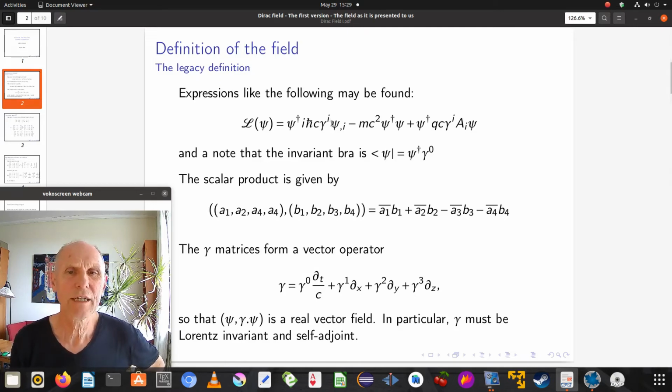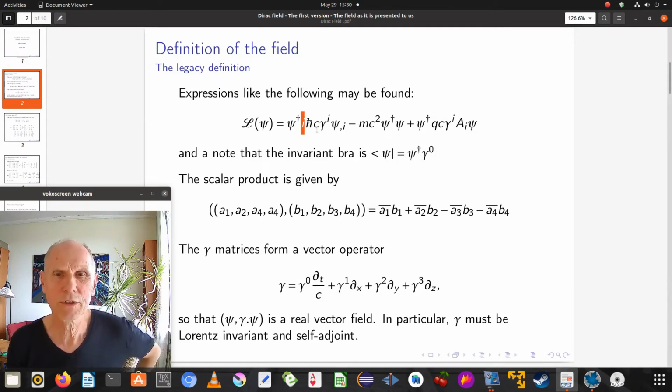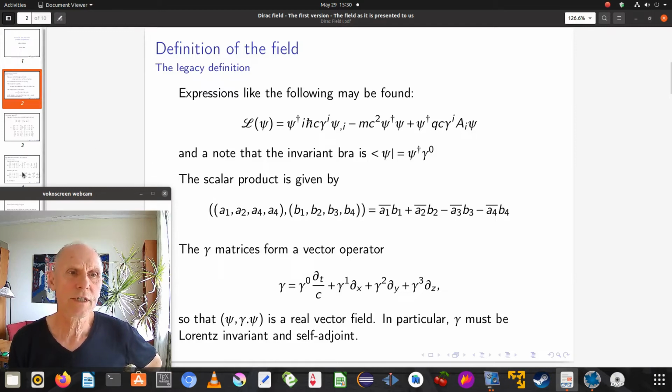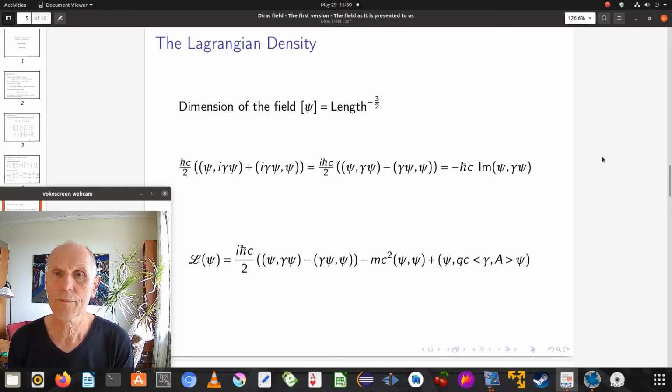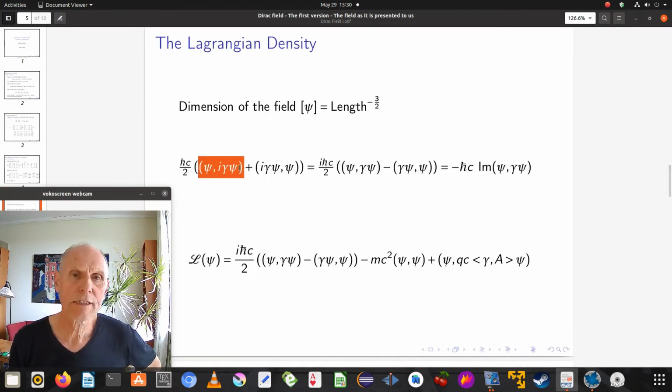Now if psi is real, then this might come out imaginary, or some parts of it imaginary. So I would like to force it to be real, and the way to do it is to take this part and then symmetrize it.